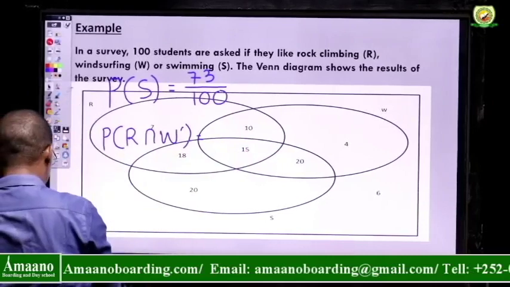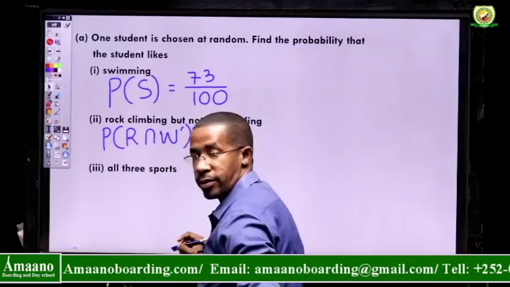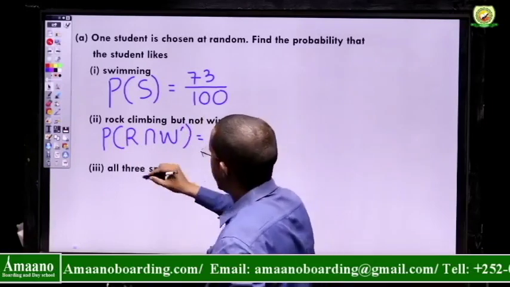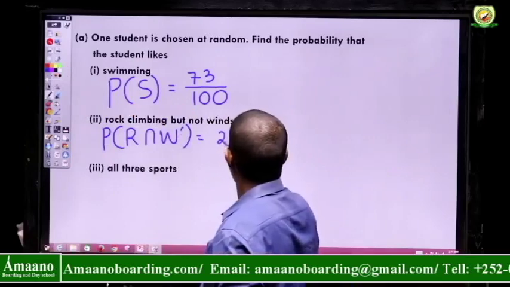Add them together, 7 plus 18 is 25. So the probability here will be 25 divided by 100.